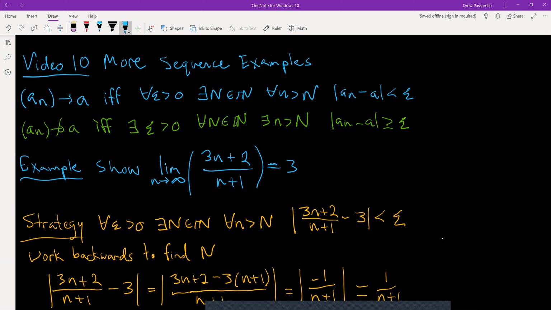For this strategy, I just wrote down the definition we're going to use: for all epsilon, there exists a capital N, for all little n bigger than capital N, we have the absolute value of the difference. In this case, our sequence a_n is (3n plus 2) over (n plus 1), and our A value that we're interested in is 3.